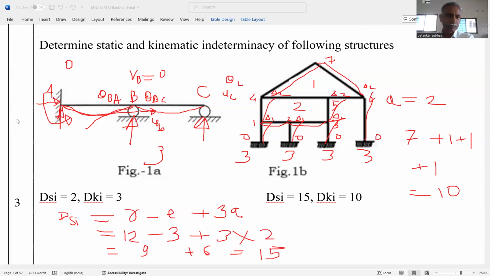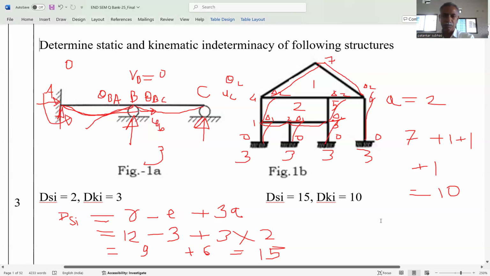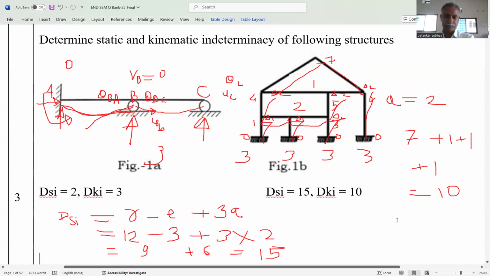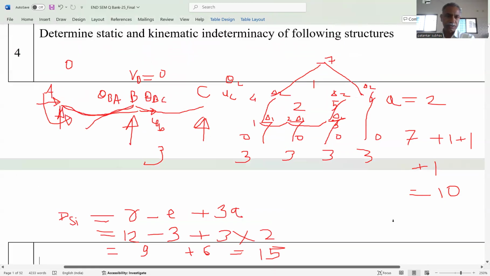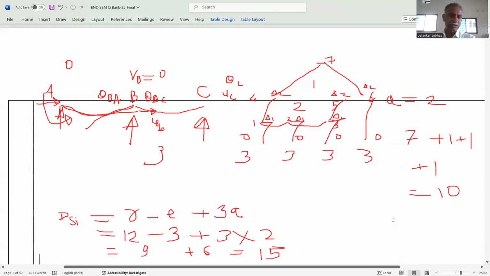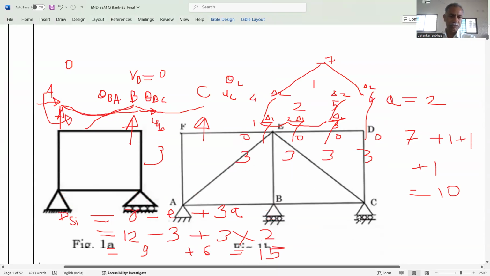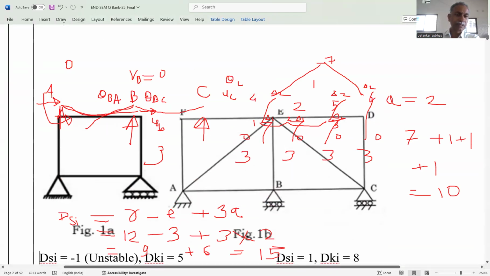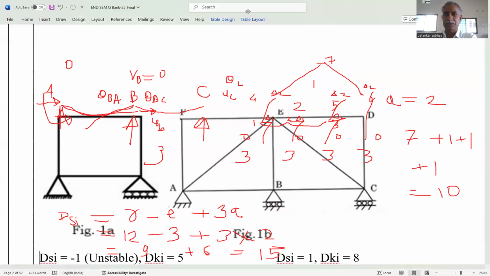Okay, so let us move toward the second one. Second is again the truss. For the truss, as per the assumptions, we consider external redundancy and internal redundancy.